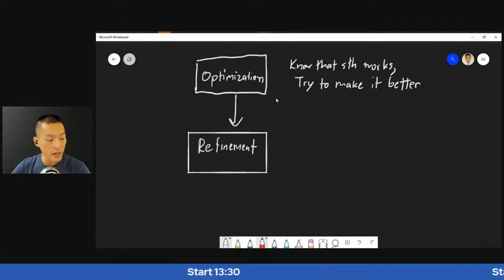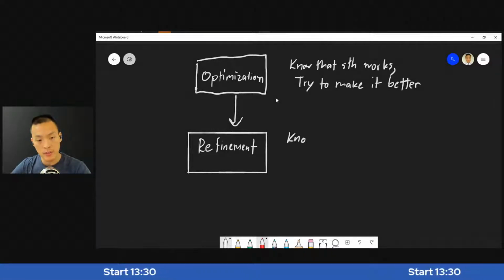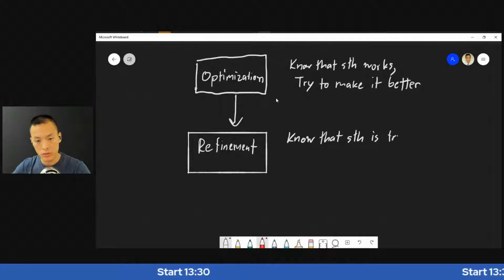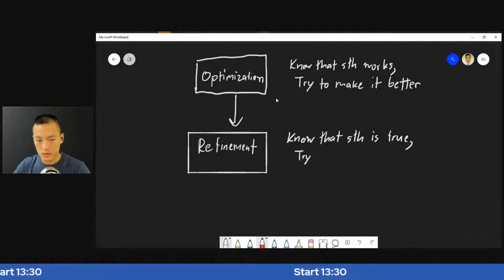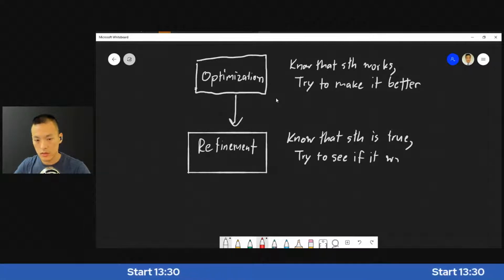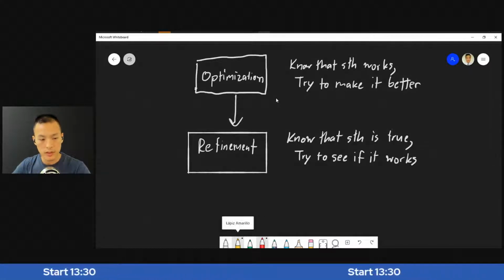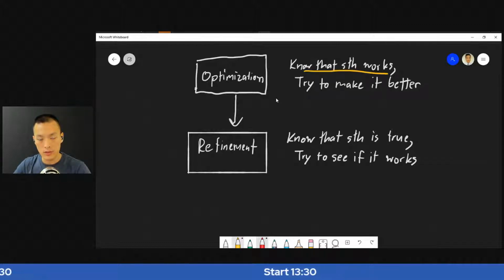Refinement is when you know that something is true, but you're trying to see if it works or not. You see the difference? In optimization, you know that something works, but you try to make it better.